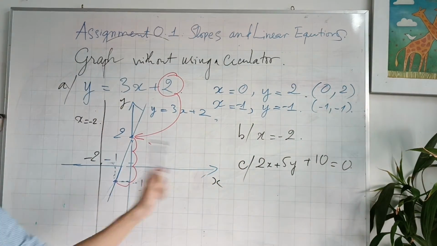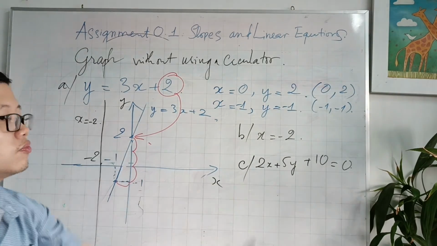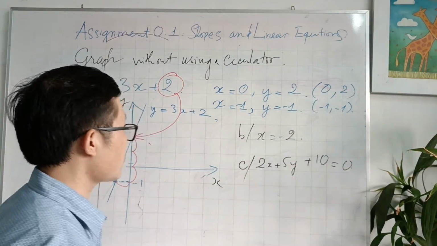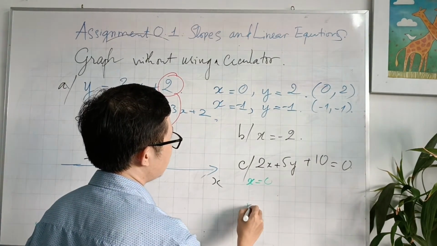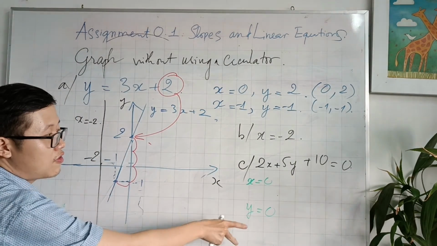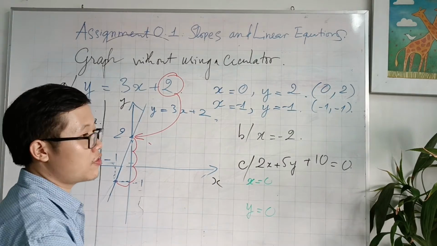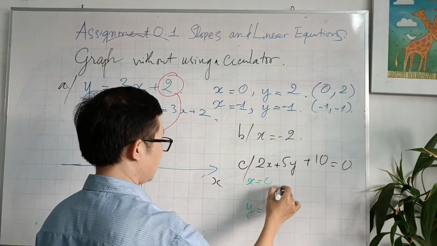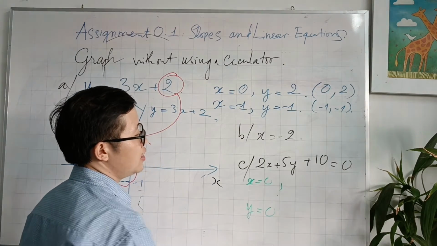When you see the general form, the easiest way is to choose 2 points. You choose x equals 0 and y equals 0 because it's easier for you to solve the equation with the value 0. When x equals 0, you substitute the x value into the linear equation.